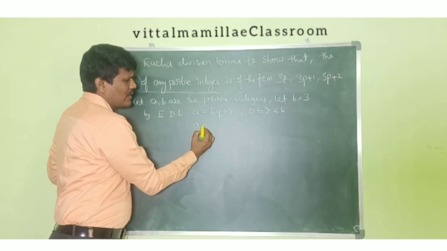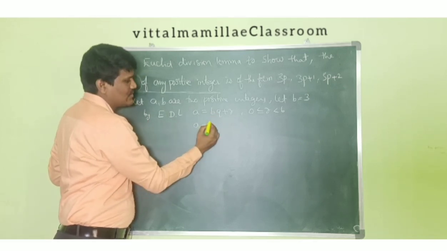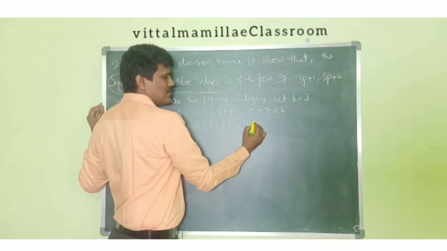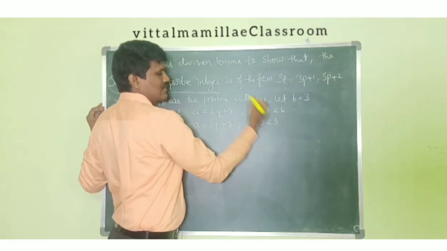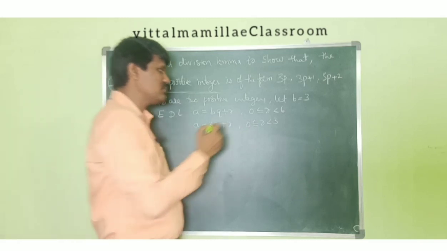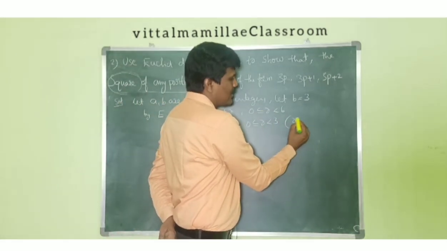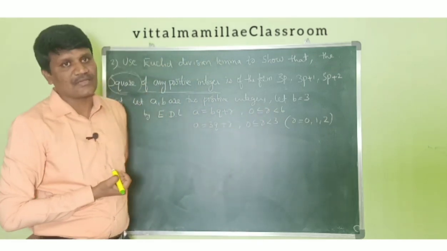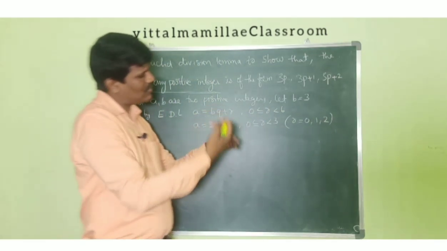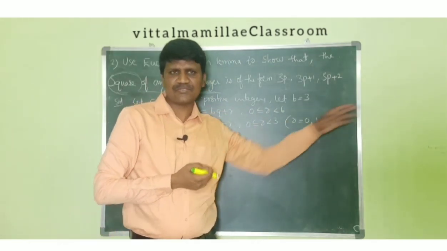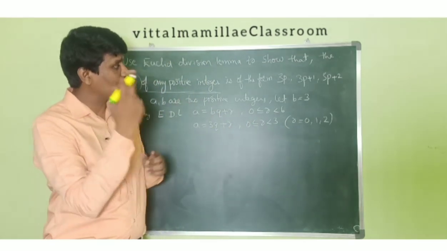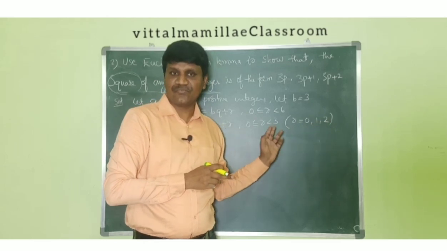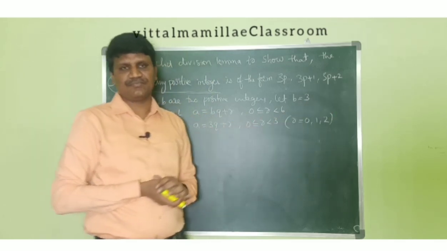So by substituting b is equal to 3 here, a is equal to 3q plus r, 0 less than or equal to r less than 3. So r less than 3 means what is the r value here? r is equal to 0, 1, 2. Only 3 values will come. So if it is the next problem, where 5m, 5m plus 1, 5m plus 4 is there, for that you should take b is equal to 5. Then you will get 5 r values: 0, 1, 2, 3, 4.